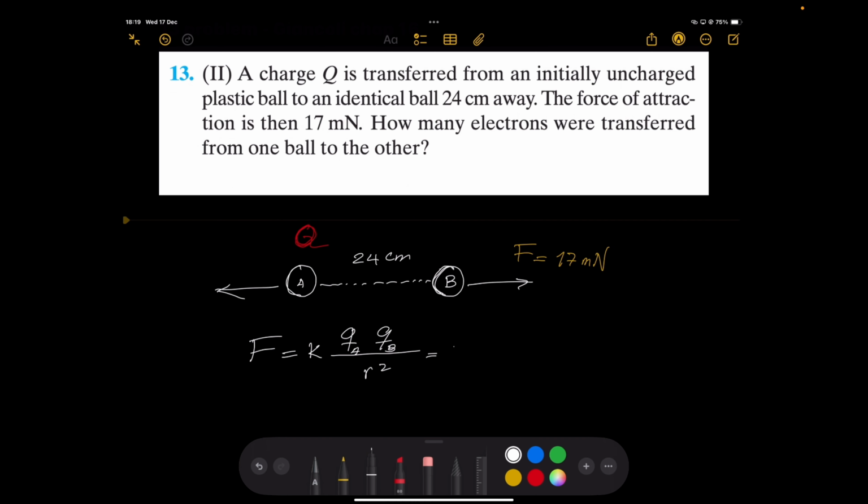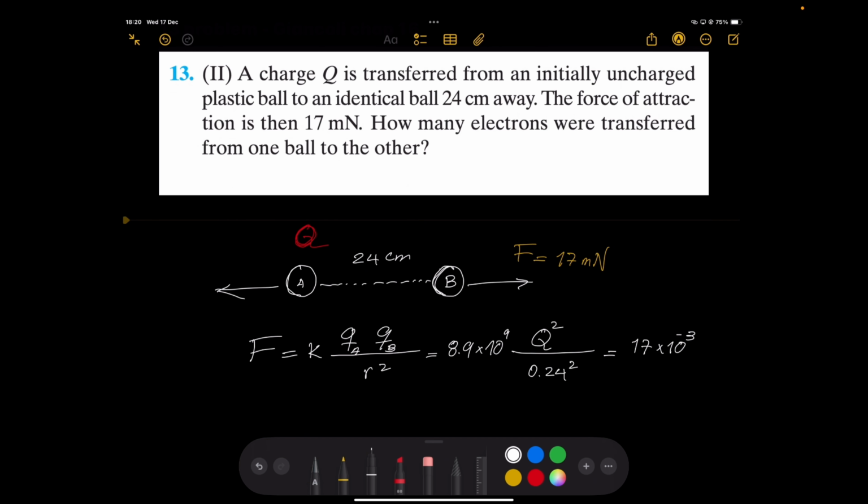We know that Coulomb's constant is 8.9 times 10 to the 9, and they both have the same charge, so this is our unknown Q squared over the distance, which is 0.24 meters squared, and that's equal to 17 millinewtons, which is exactly 10 to the minus 3 newtons.